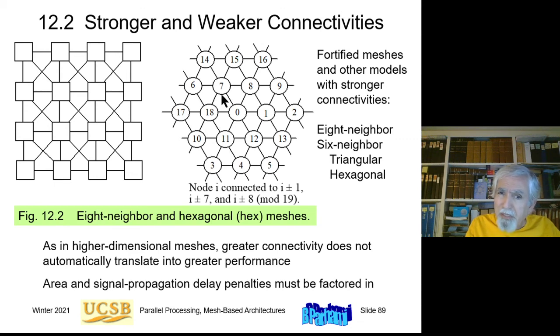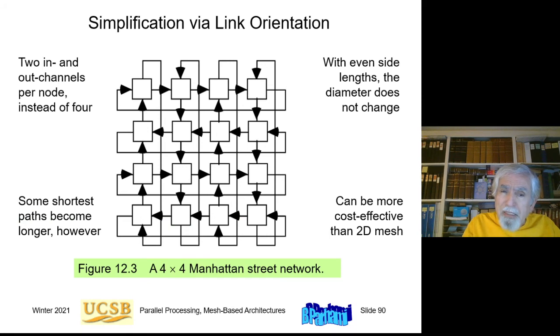And this is hex mesh, where each node has 6 neighbors. Okay, so these are examples of meshes with richer connectivity, more connectivity. This is an example of a mesh with lower connectivity or sparser connectivity.